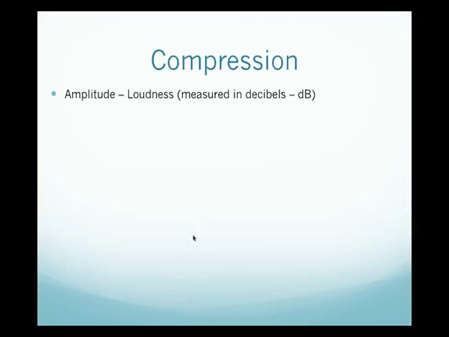If you remember from a previous tutorial, we talked about amplitude, and amplitude meaning loudness. When we look at all the sounds that are out there, there are a few characteristics of sounds that distinguish one from another, and one of those obviously is amplitude, which we measure in decibels or dB.